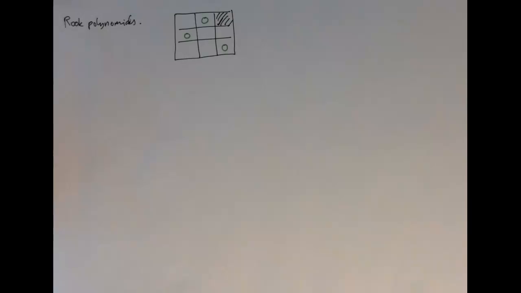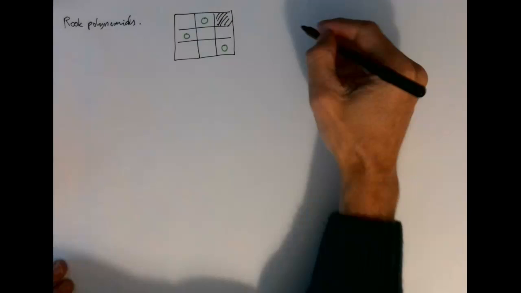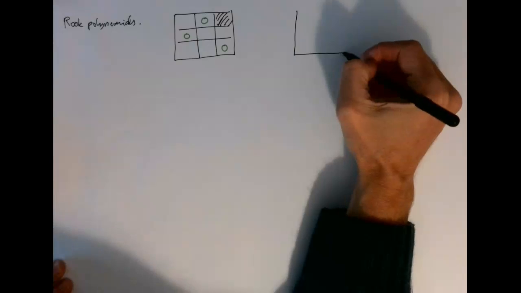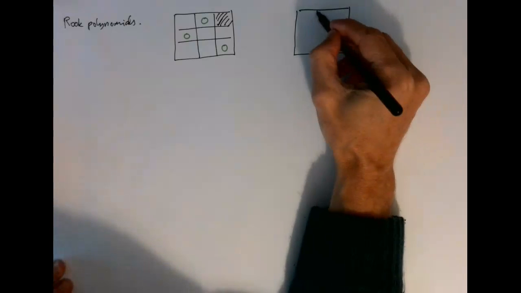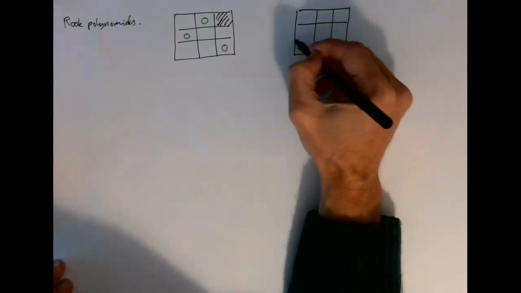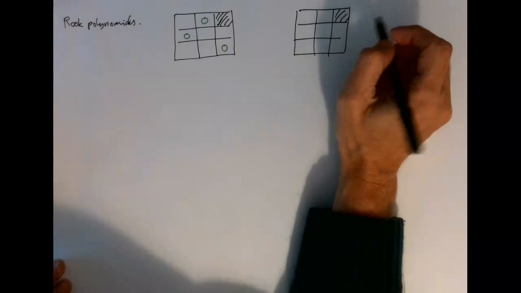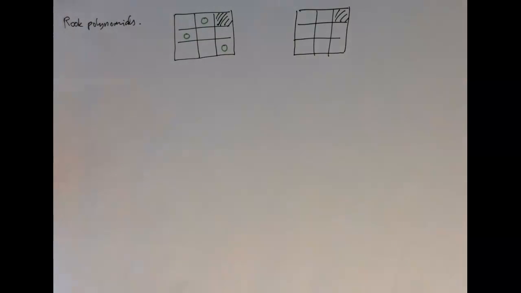So one thing we could do is ask ourselves how many different ways there are of placing rooks on a given board where some of the squares are blocked off. So if we go back, let's draw this again, empty. Okay, and so let's ask how many ways there are of placing some rooks on here. Well, suppose we just want to place one rook.